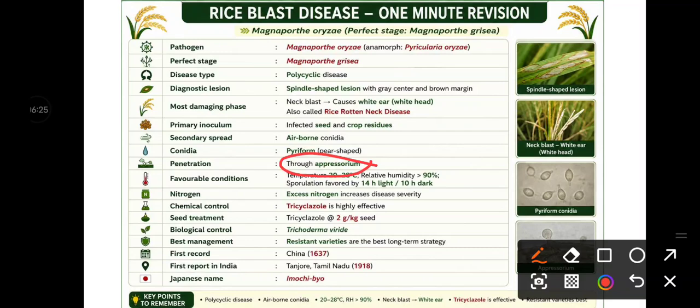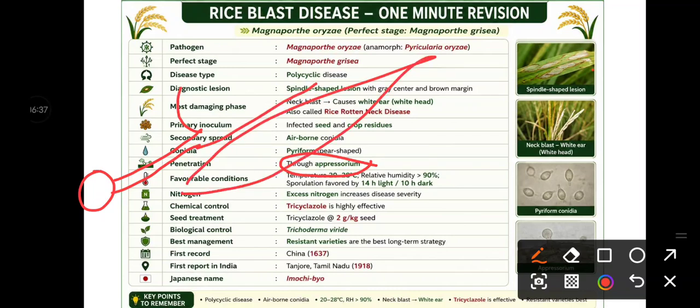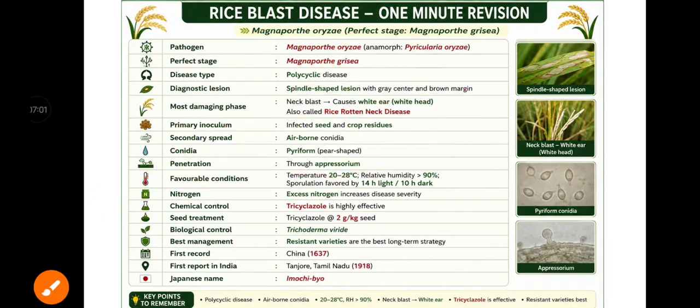Actually, when it germinates and comes in contact with the leaf surface, it produces a pouch-like structure where the pressure is accumulated, and then using that pressure the infection peg will penetrate the leaf tissue. This pressure bag is called appressorium. This is a characteristic structure which is very necessary for infection by Magnaporthe oryzae.